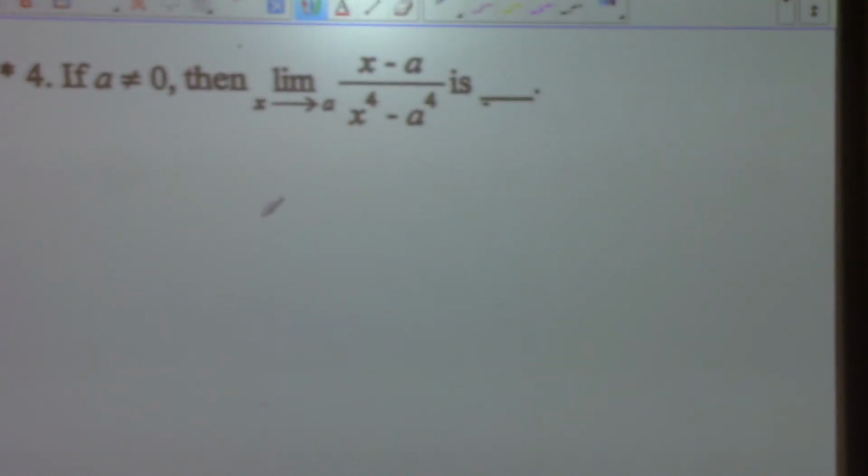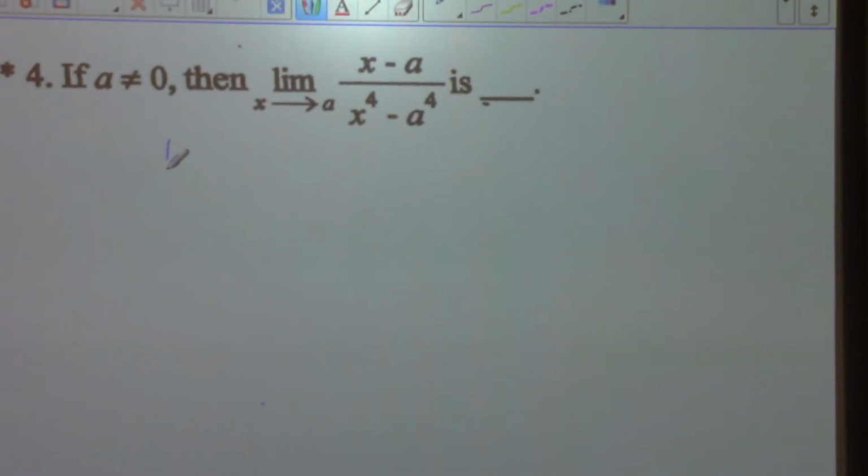So this is one of those where, in the denominator, do you see that as a difference of squares? Let's rewrite this one.